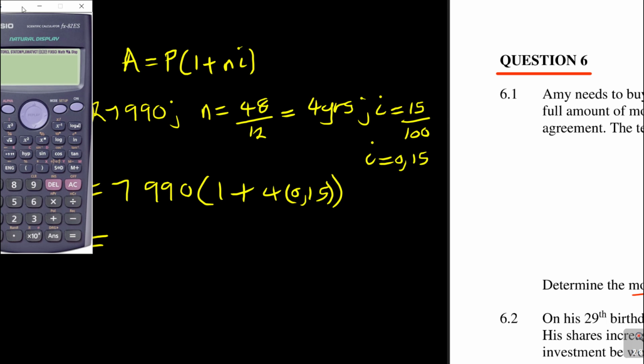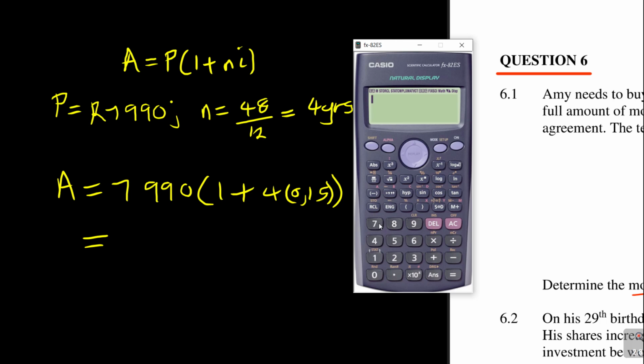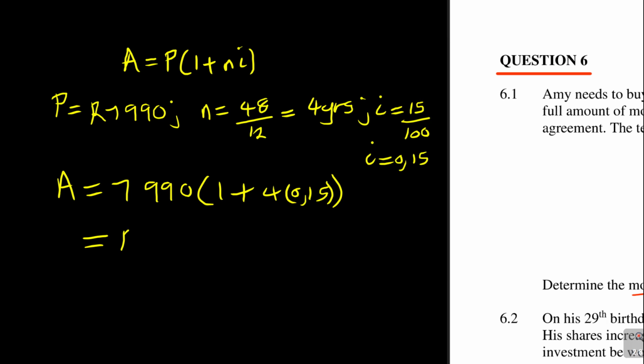Definitely we have to use our calculator at this stage: 7,990 bracket 1 plus 4 times 0.15, close the bracket, which is 12,784. I hope it was not 94. I think I said 84. So just correct it if I made an error.